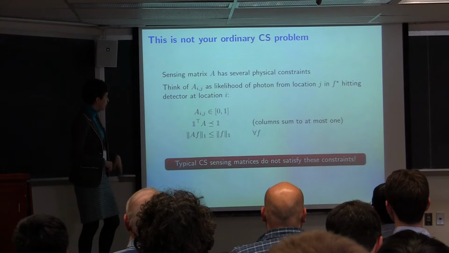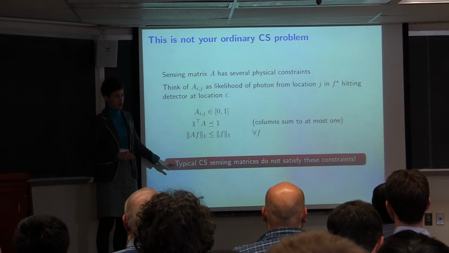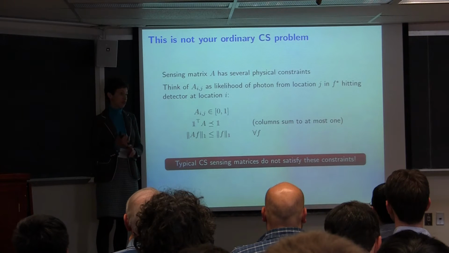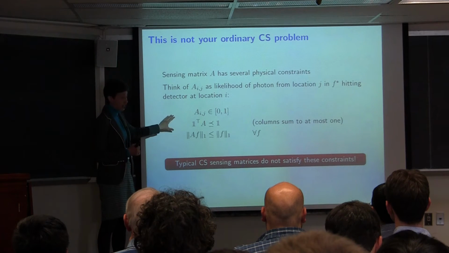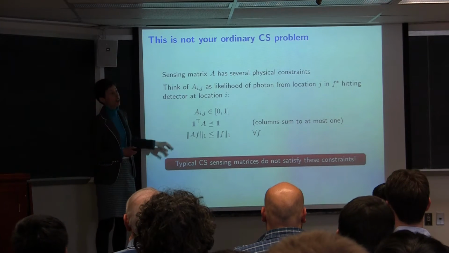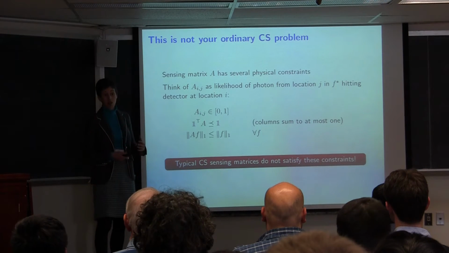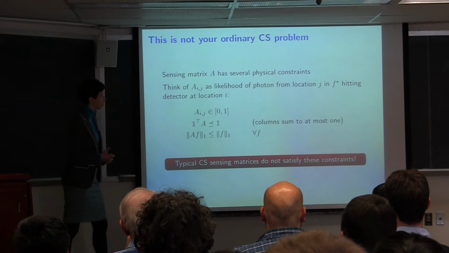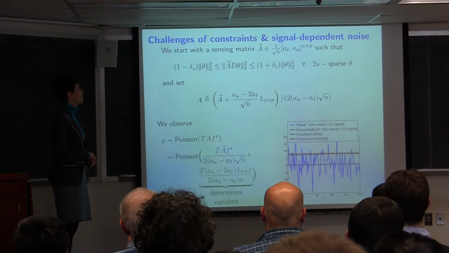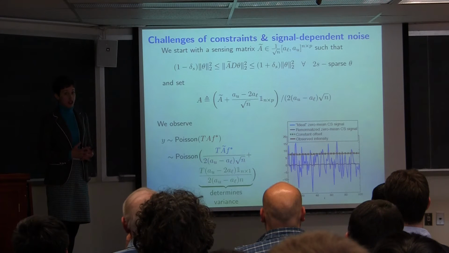But unfortunately, typical compressed sensing matrices, Rademacher ensembles or Gaussian ensembles, don't satisfy these constraints. So we can't just make minor modifications to the existing theory and expect to really make headway in a meaningful sense.